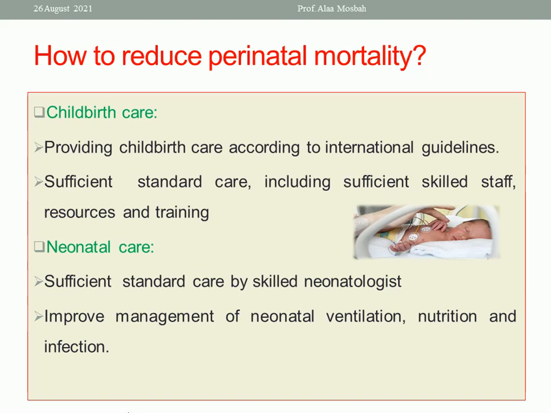It is really helpful and can reduce many perinatal and maternal deaths. Both fetal and maternal mortality could be reduced if you use the partogram. Neonatal care: sufficient standard care by skilled neonatologists, and improved management of neonatal ventilation, nutrition, and infection.